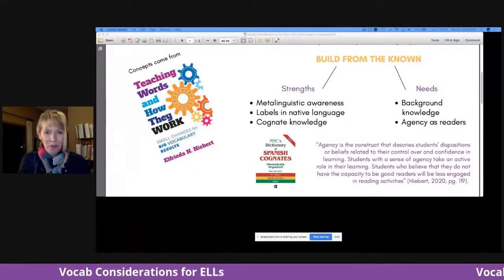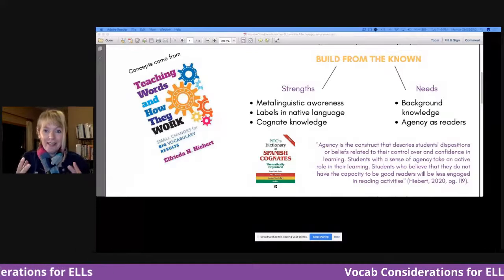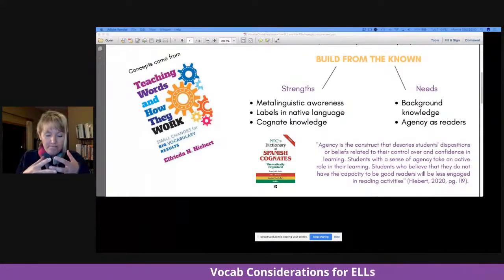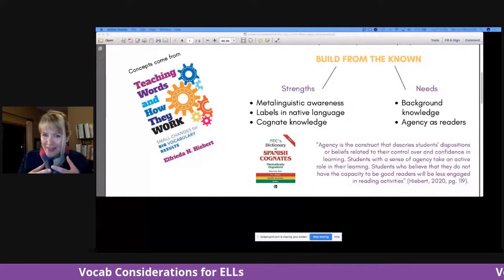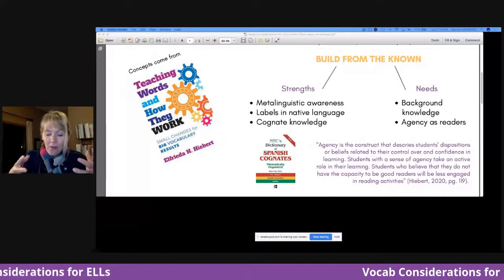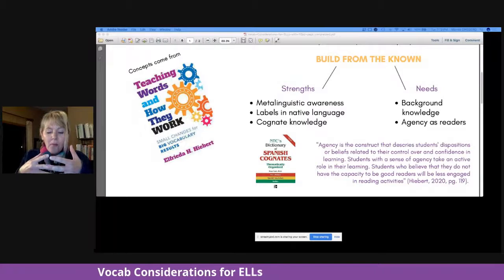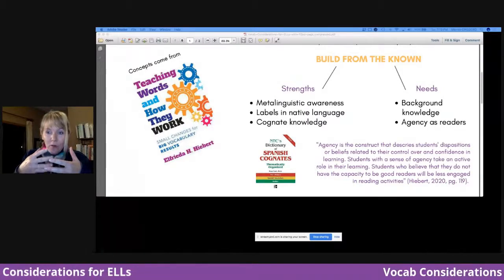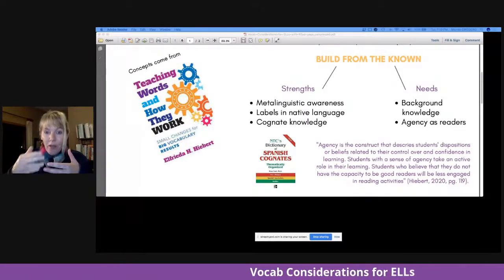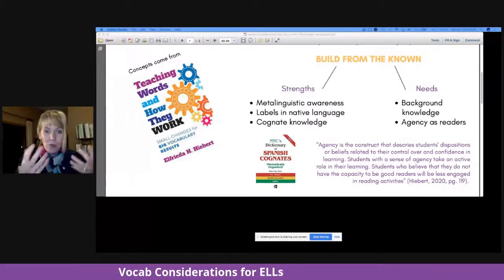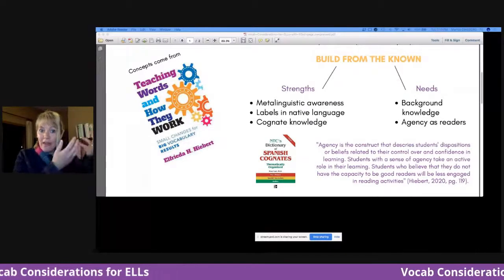One of the simplest ways is when we're doing text sets and working on a theme, which we've been talking about this whole series, right? When we build thematic knowledge through networks of language and we're moving into a new text, we can keep pointing out, hey, look at these words that you learned yesterday or last week.